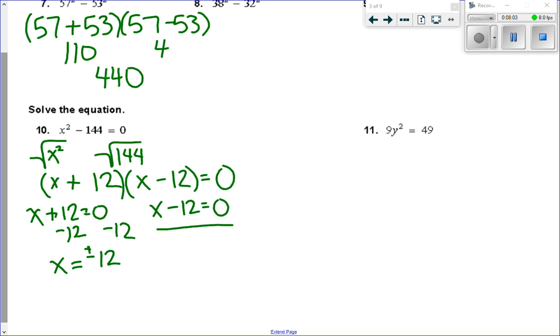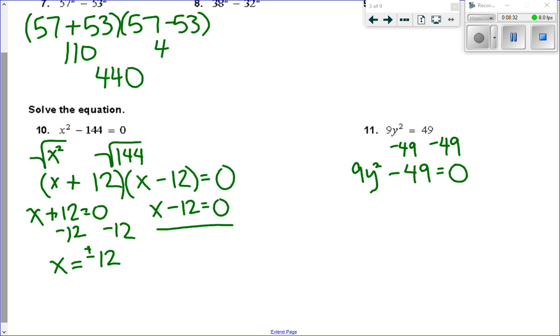Number 11, that one looks really different. So there's a few ways to solve this. We are going to do what we normally do and make that equal to 0. So we've got 9y squared minus 49 equals 0.